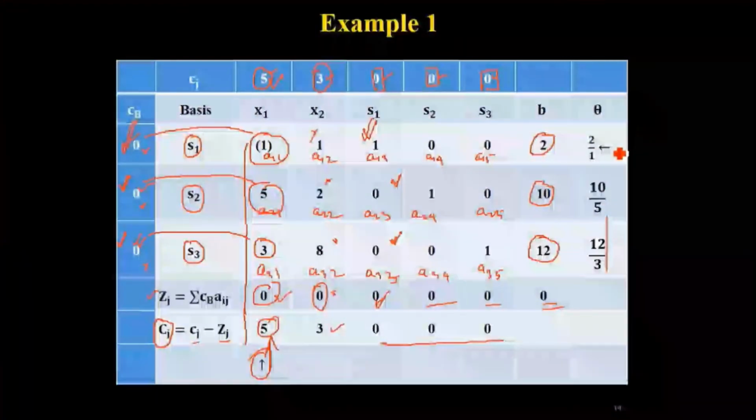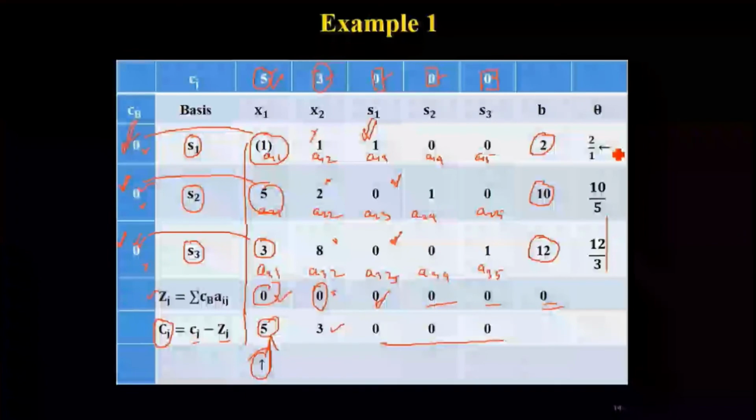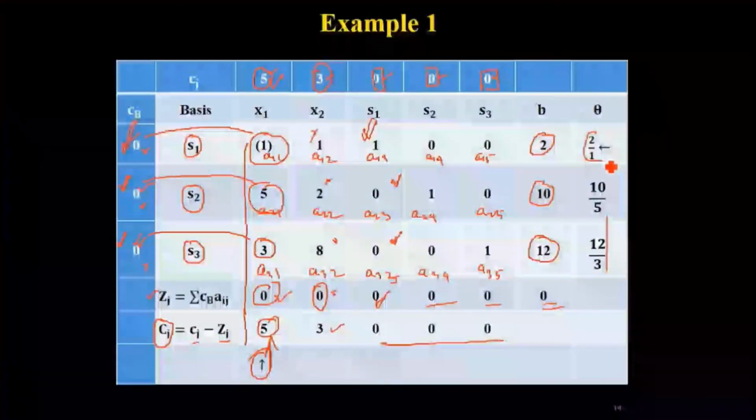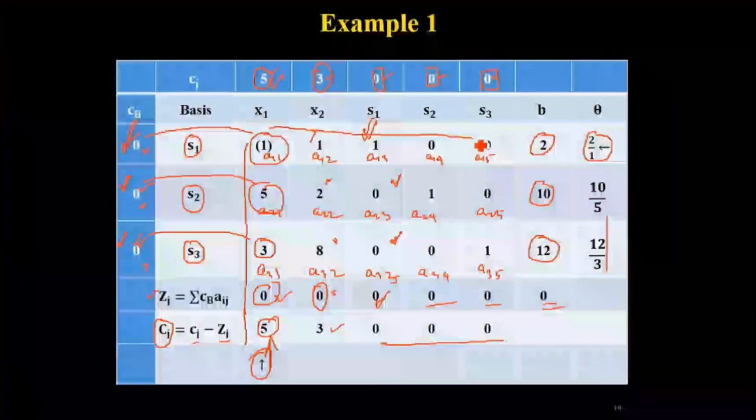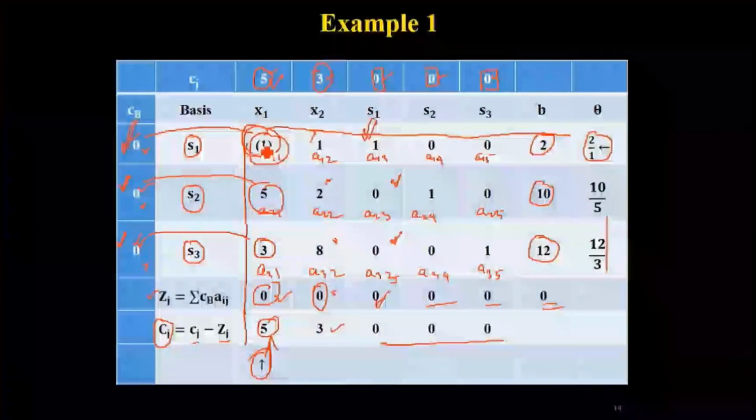For uniformity, as I have told, you can choose any of the rows from here, but for uniformity take the first one. So this row will be considered. This row and this column intersect at this point, 1, which is the key element. Next we have to make it 1. Here the element value is 1 itself, so no problem.